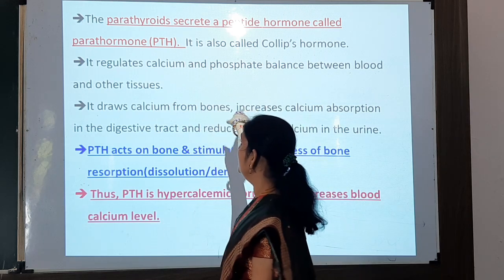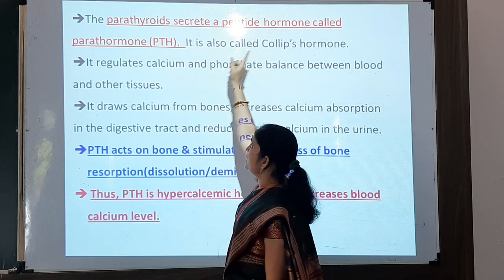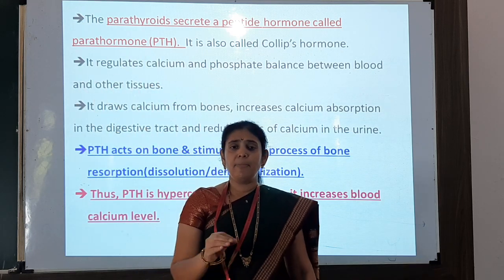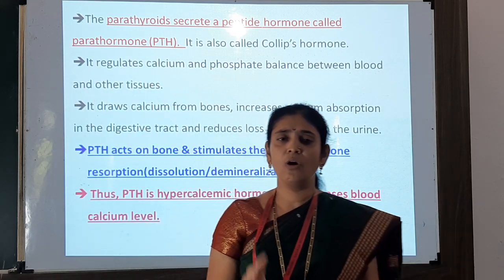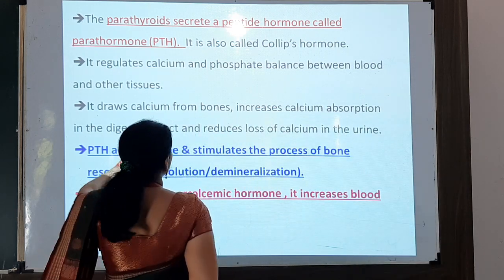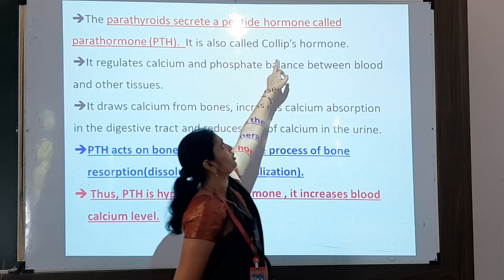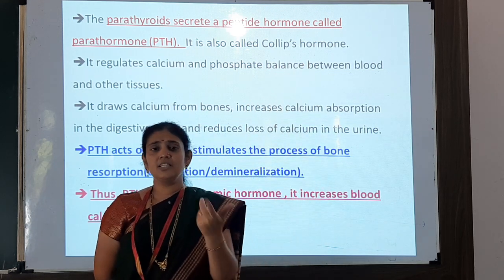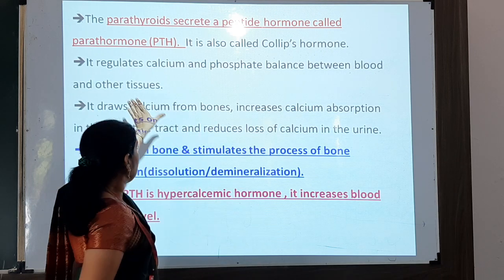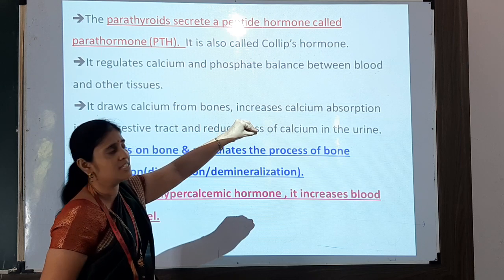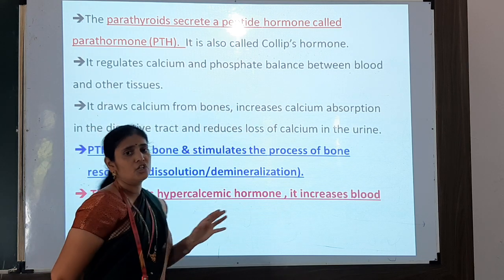So here you can see this gland is secreting a peptide hormone, which is called parathormone or parathyroid hormone. We can call it PTH. This hormone is also called Collip's hormone. What does this hormone do? This hormone also regulates calcium and phosphate balance between blood and other tissues.